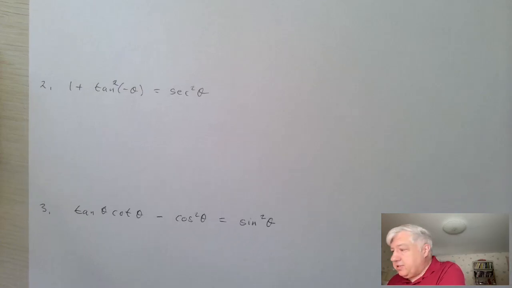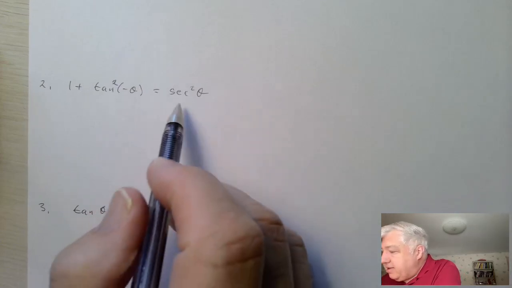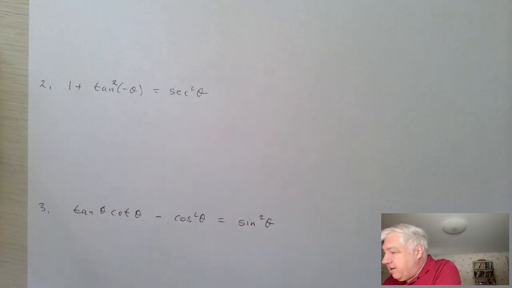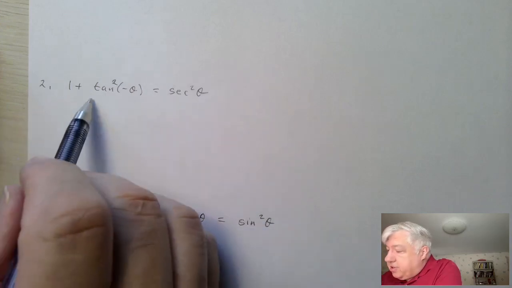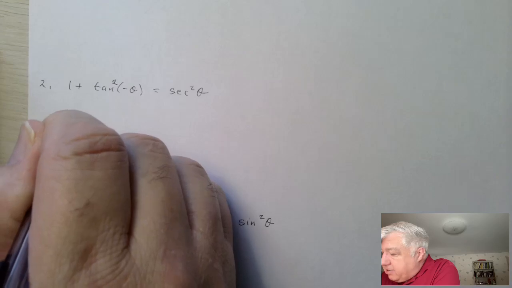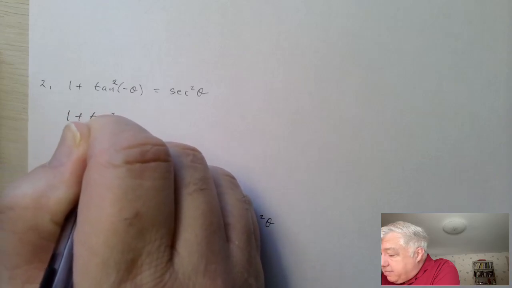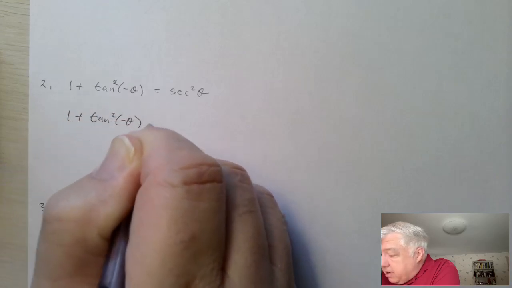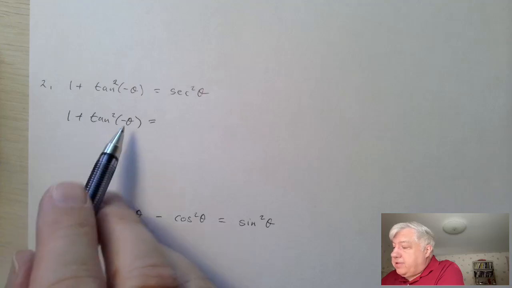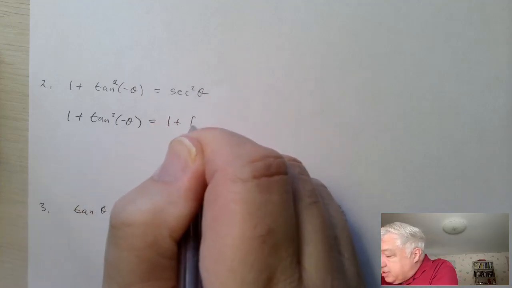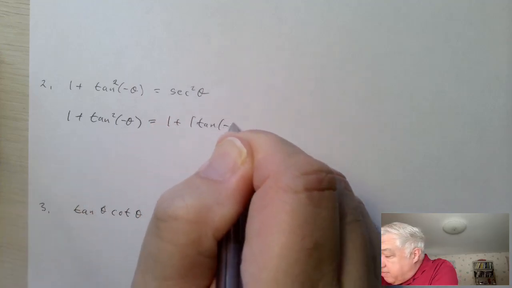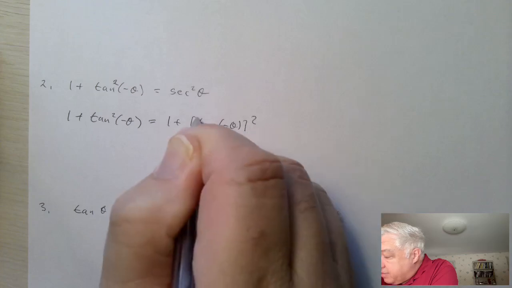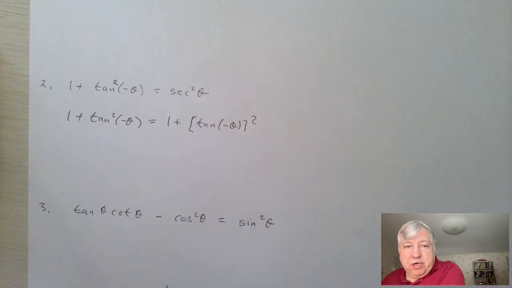1 plus tangent squared of minus theta is equal to secant squared of theta. So this is a little more complicated. The left-hand side is a little more complicated again. Now this is of course the same thing as 1 plus tangent of minus theta, squared. That's just how the notation works.